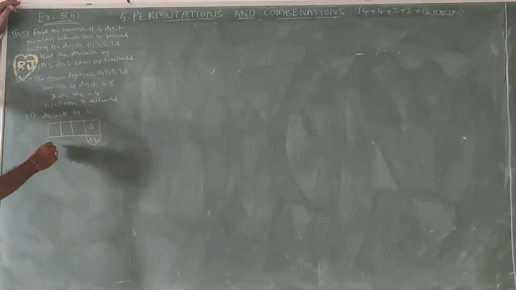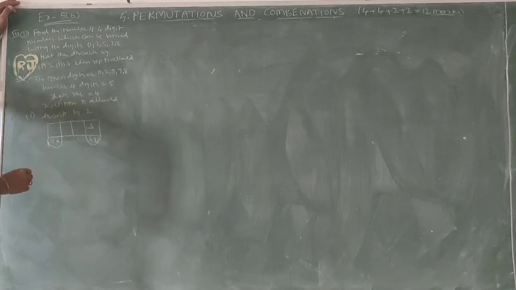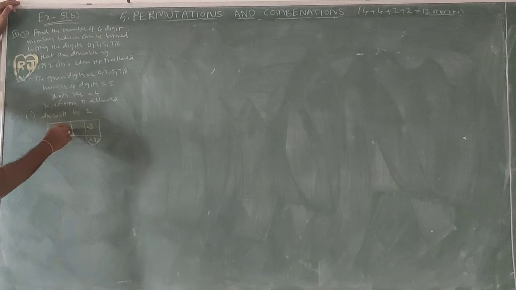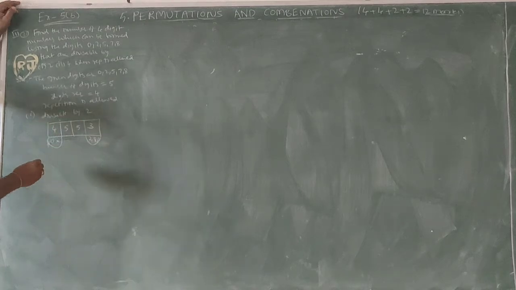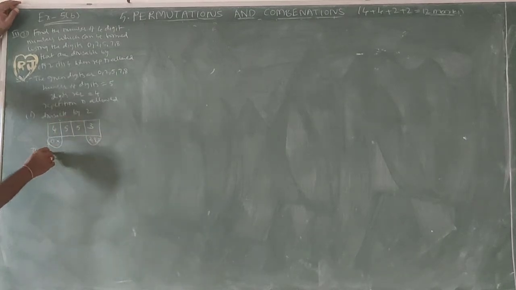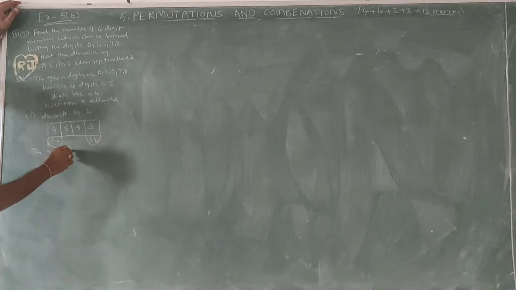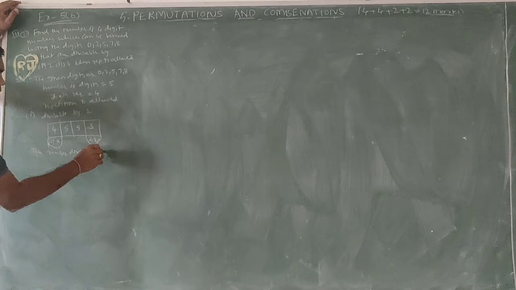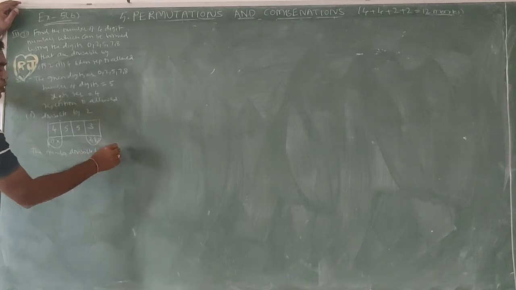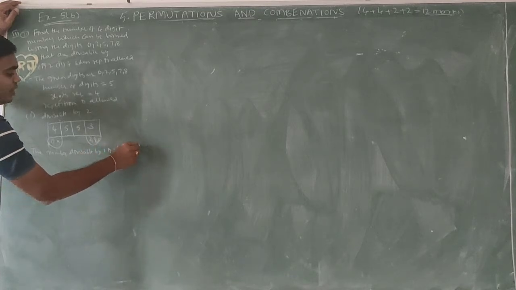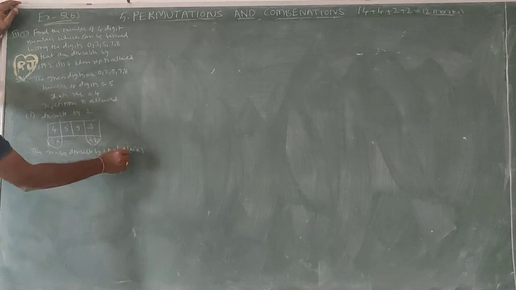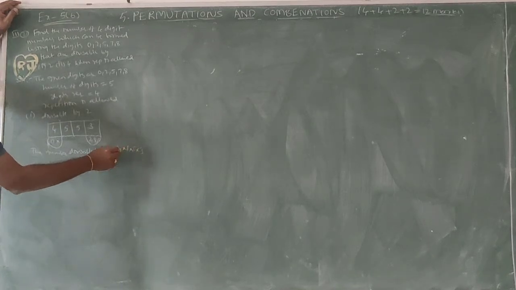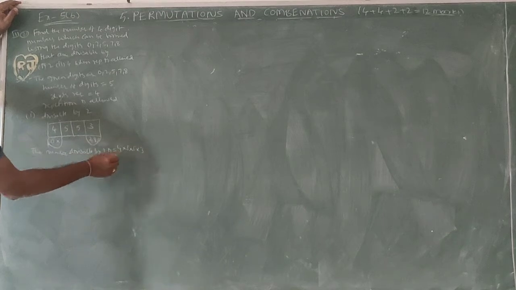And the first digit won't be equal to 0. It is not 0. Other than 0, how many choices? 4. This one 5, this one 5. So the numbers divisible by 2 is equal to 4 into 5 into 5 into 3. So 20 into 5, 100. So this is 100 into 3, 300.